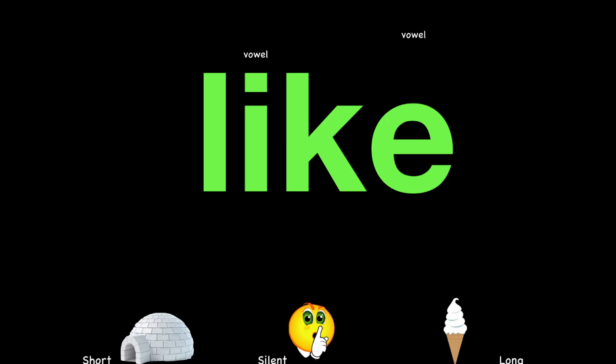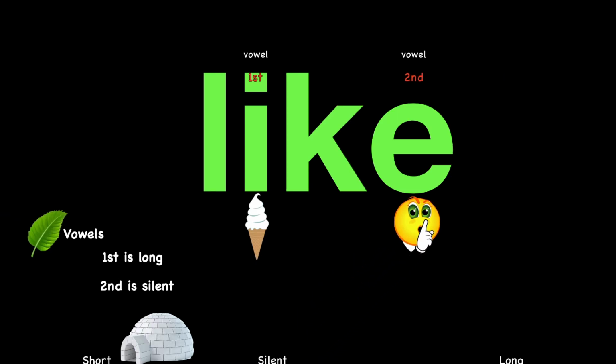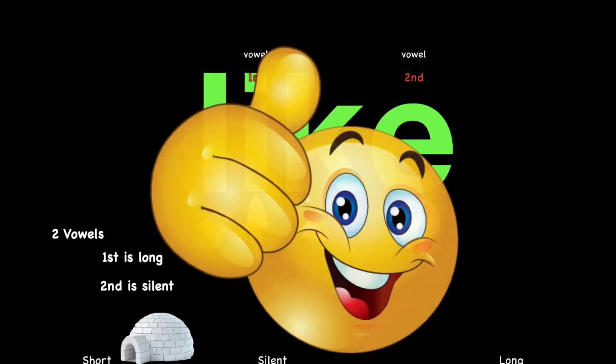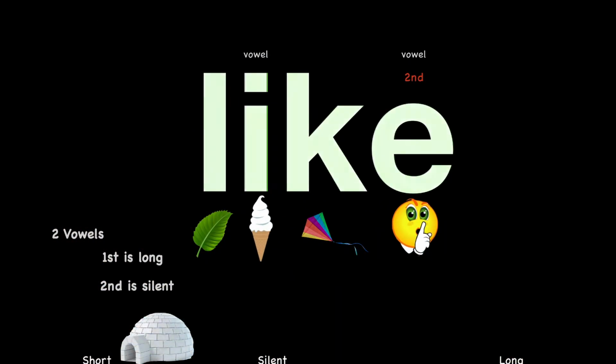L-I-K-E. We're seeing two vowels, so that's going to be the rule with two vowels, the first is long I. Our second vowel, E, is silent, so when we say the letter sounds, like, to like something. Like.